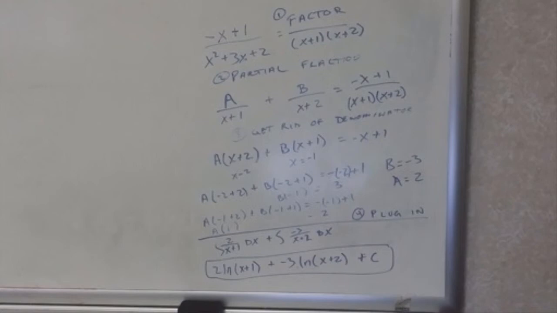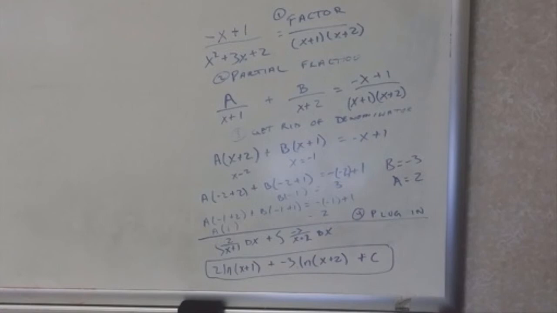This gives us negative x plus 1 all over x plus 1 times x plus 2. The next step is to write your partial fraction. As we notice, both equations are linear. This gives us a over x plus 1 plus b over x plus 2 equaling negative x plus 1 over x plus 1 times x plus 2.